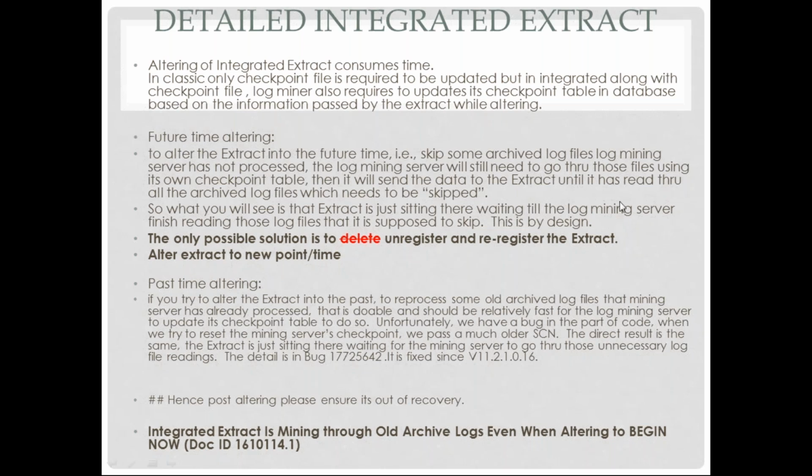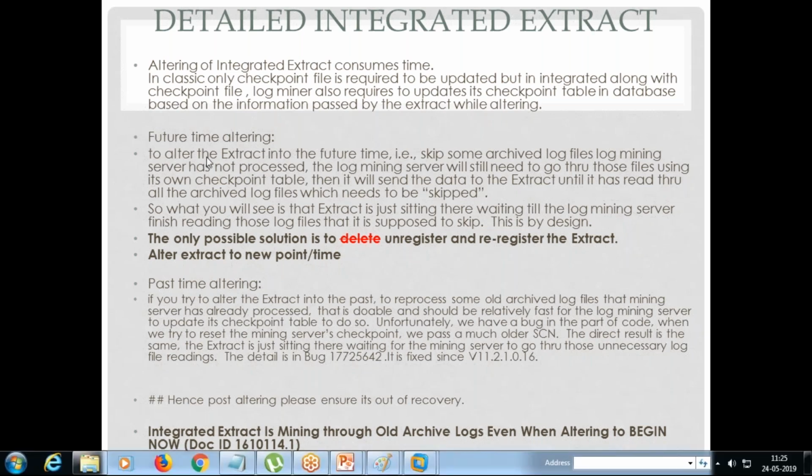So to alter the extract into the future time, that is, to skip some archived log files the log mining server has not processed, the log mining server will still need to go through all these files through its own checkpoint table. Then it will send the data to the extract until it has gone through all the archive logs which need to be skipped. Okay, I'll explain this.